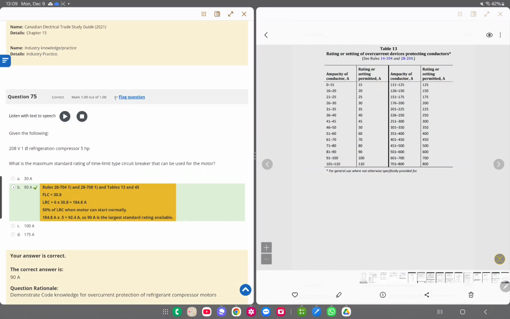We got given the following: 208 single phase refrigeration compressor, 5 horsepower. What is the maximum standard rating of time limit type circuit breaker that can be used for the motor? So we got a refrigeration compressor, 208 volts single phase.